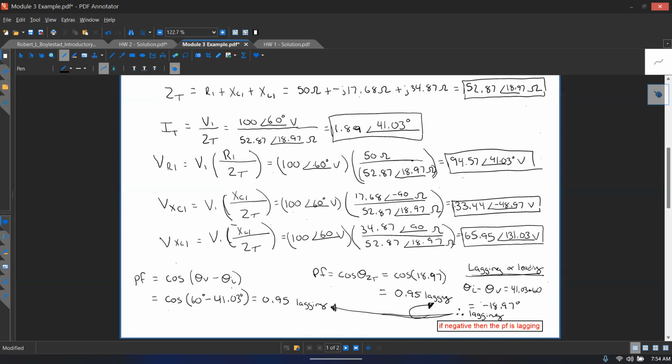And if this value that you get is a negative value, then it's lagging. If it's positive, then it's leading. Okay. And so in this case, this is a negative value. So that means it's lagging. And therefore the power factor is 0.95 lagging, which means that the current is lagging the voltage source by 18.97 degrees.